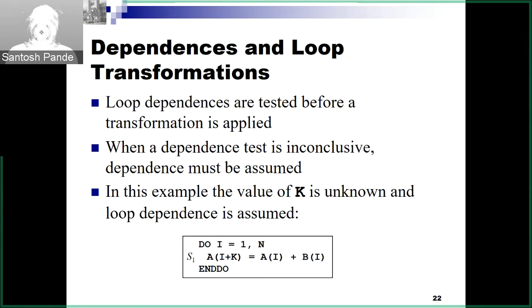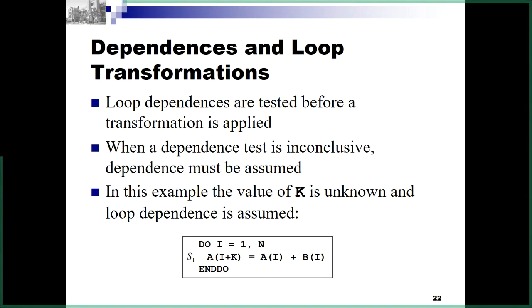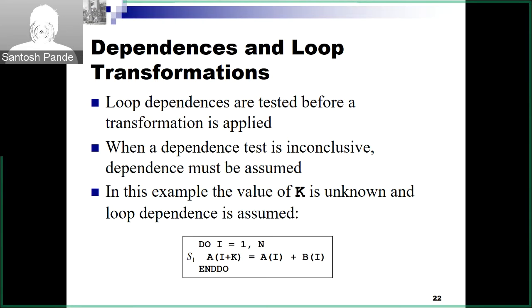Okay, so sometimes, obviously, again, we are led to a problem here because of different reasons. The two primary sources of approximations we are forced to do is, one is because of the program characteristics. That is, even if we have the most perfect dependence tests, we will not be conclusive there.